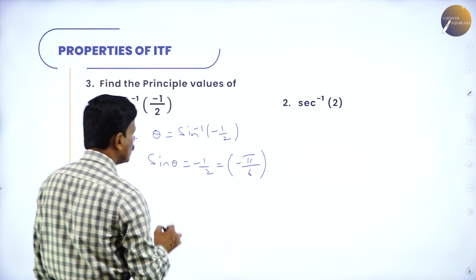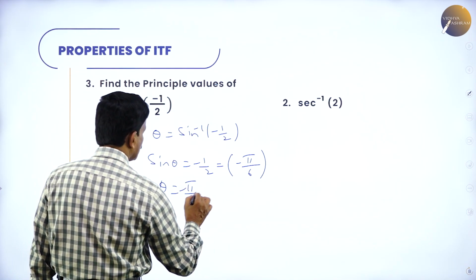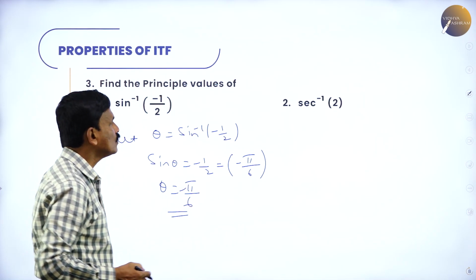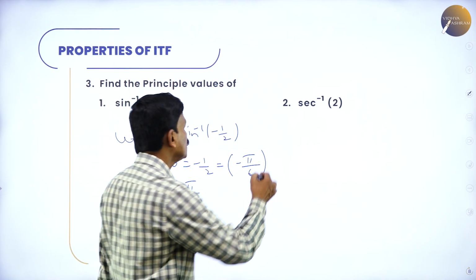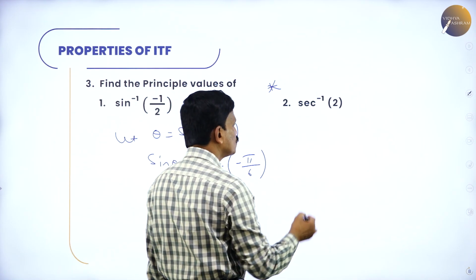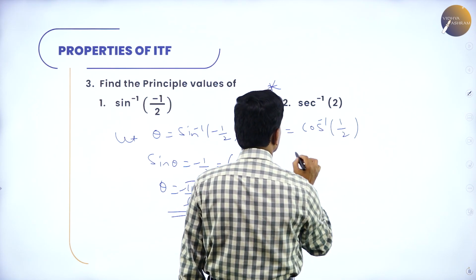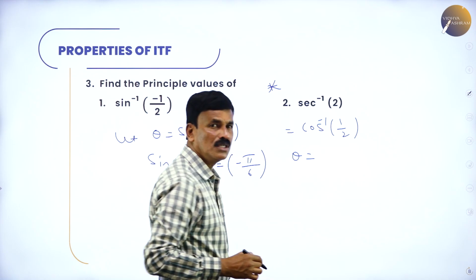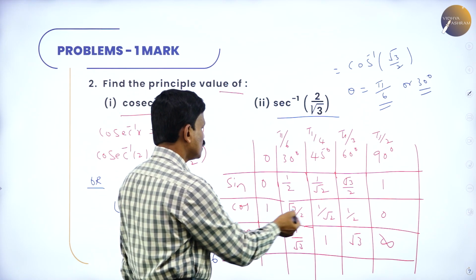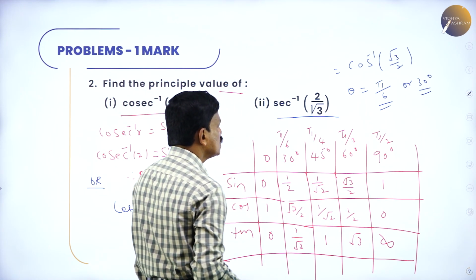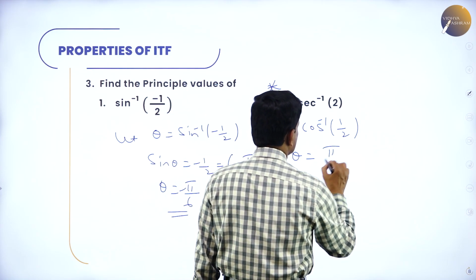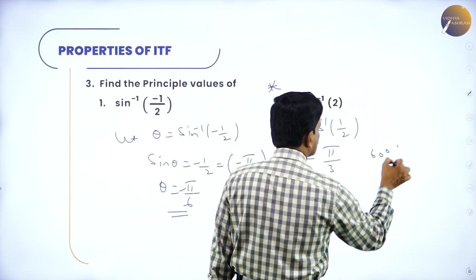Since it is negative, therefore, theta is equal to minus pi by 6. Now, this is very important. Secant inverse of 2 can also be written as cos inverse 1 by 2. Therefore, the value of theta which satisfies 1 by 2 in cos is pi by 3, that is equal to 60 degrees.